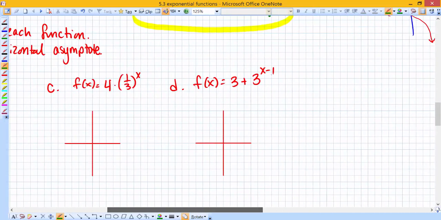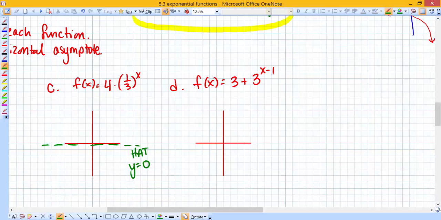Okay, let's go ahead and do C. I am not going to use a table of values here. I'm just going to make a very rough sketch. There is no adding or subtracting, so my horizontal asymptote is at y equals 0. The 4 is your starting point.